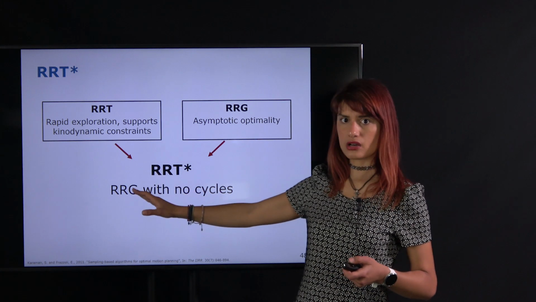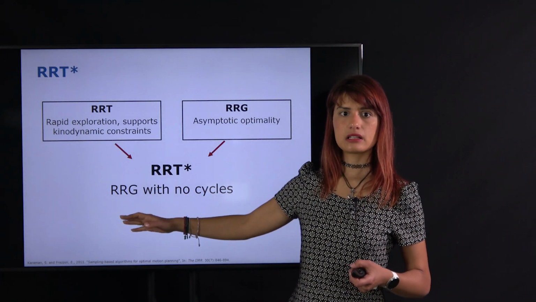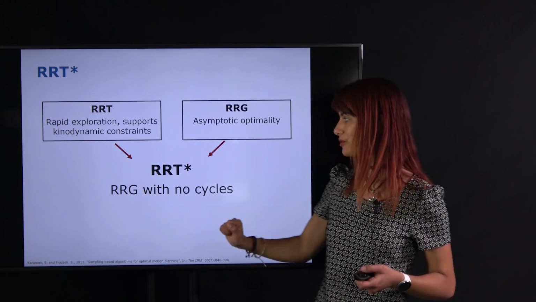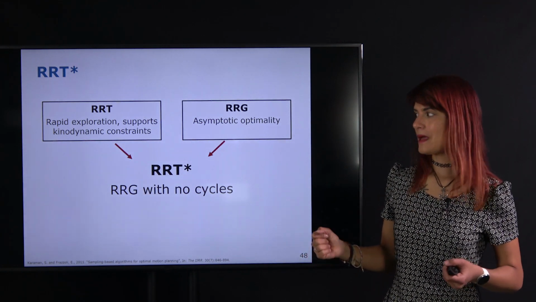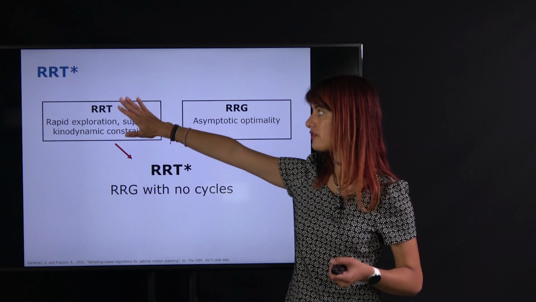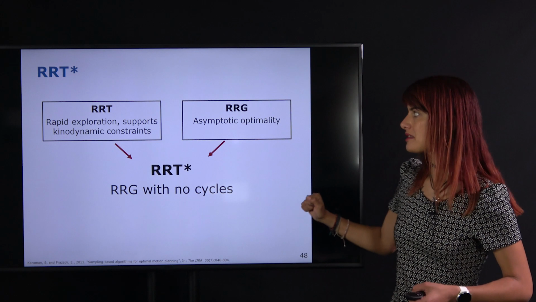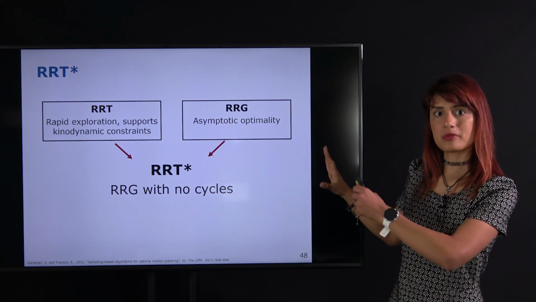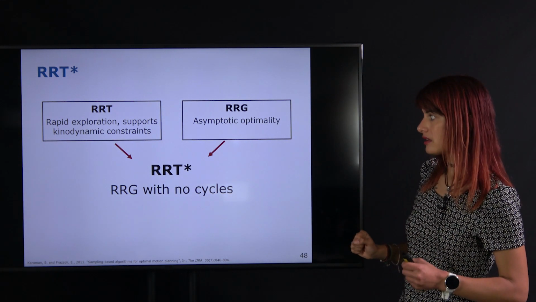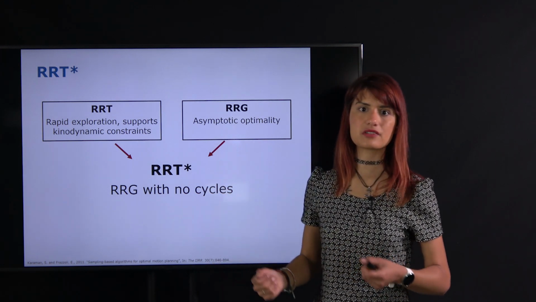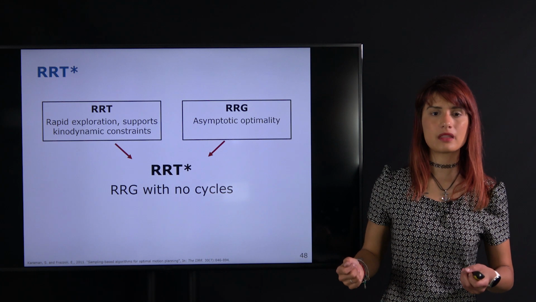The RRT star is basically RRG, so the rapidly exploring random graph, with no cycles. So we take these ideas of exploration and tree building from the RRT, we combine them with asymptotic optimality of the RRG, and we come up with the RRT star, which is a tree-based approach that gives us asymptotic optimality.